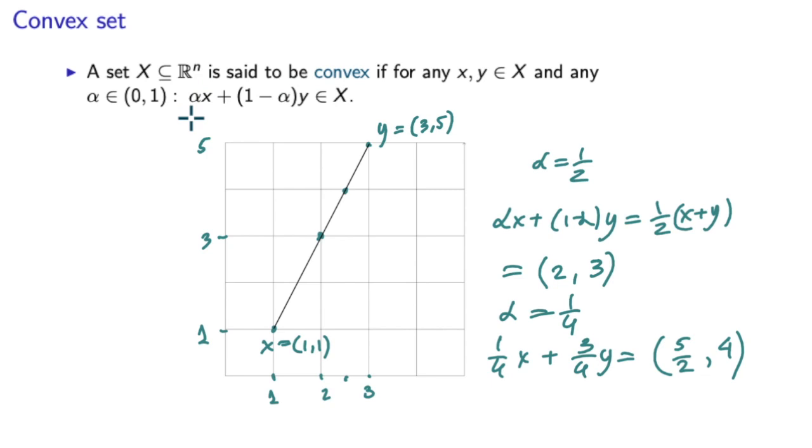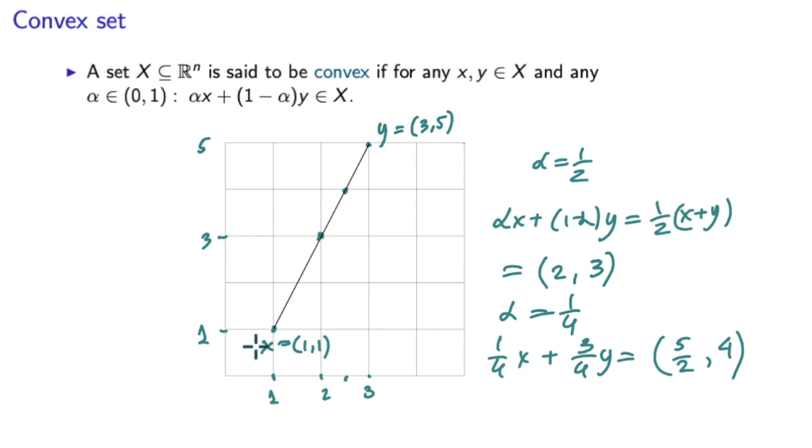So essentially, the algebraic definition of a convex combination is the same thing as the geometric definition of the line segment between 2 points. Okay, and then what's the geometric definition of a convex set? We'll call a set convex if for any 2 points within this set, they belong to the set together with the line segment between them.